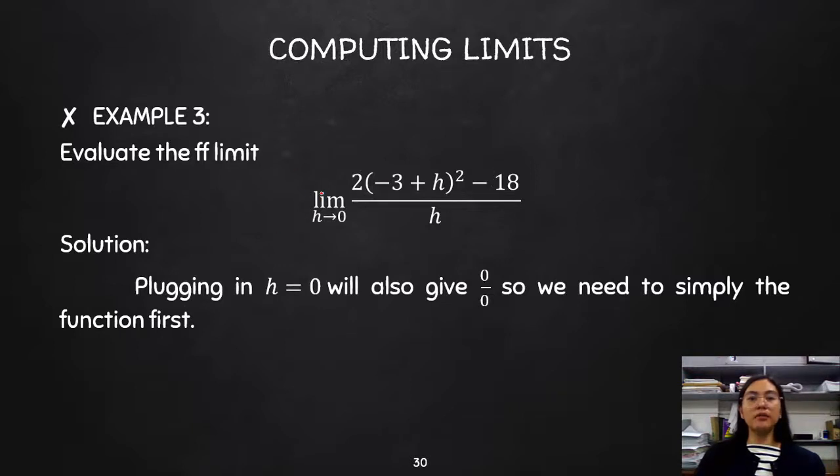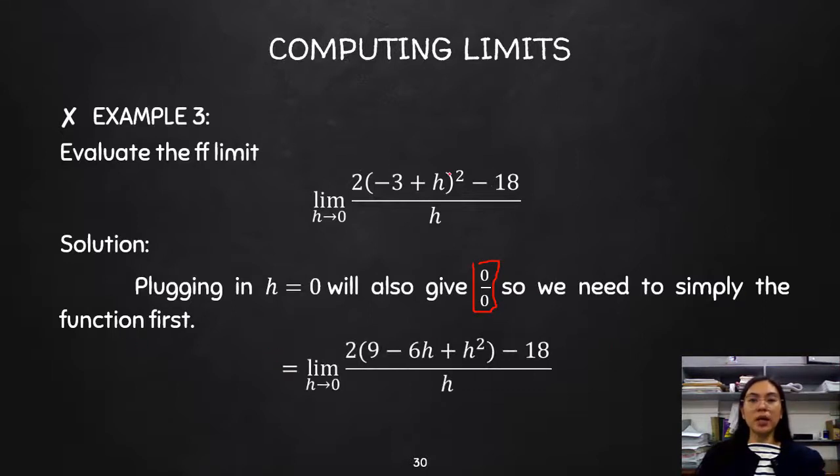So, first, you have the limit of (2 multiplied by (negative 3 plus h) squared minus 18) divided by h. Now it says here, if you plug in h is equal to 0, this will also be in indeterminate form. So we need to simplify the function first by expanding this, such that you have the limit of the function 2 multiplied by the quantity (9 minus 6h plus h squared), quantity minus 18, divided by h.